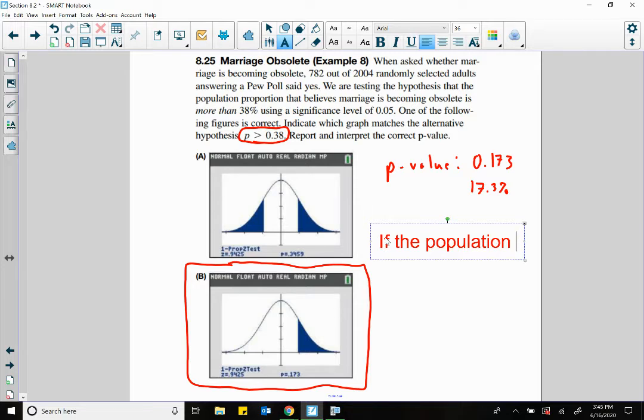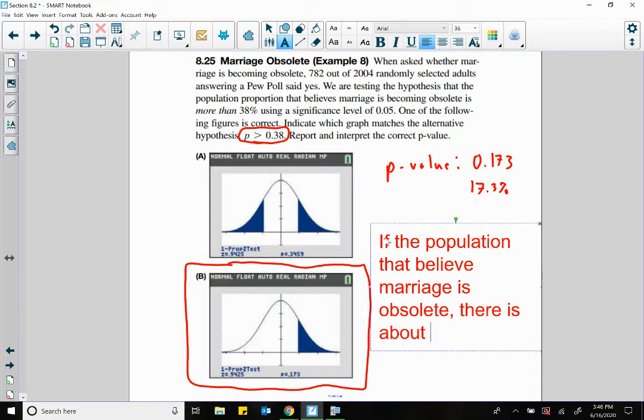If the population proportion that believe marriage is obsolete, maybe that was wrong. And this is why I'm a math teacher, not an English teacher.